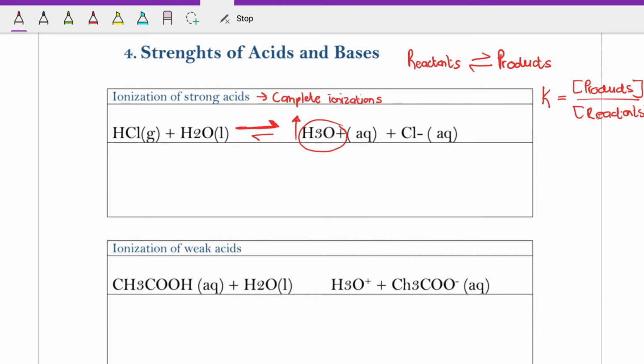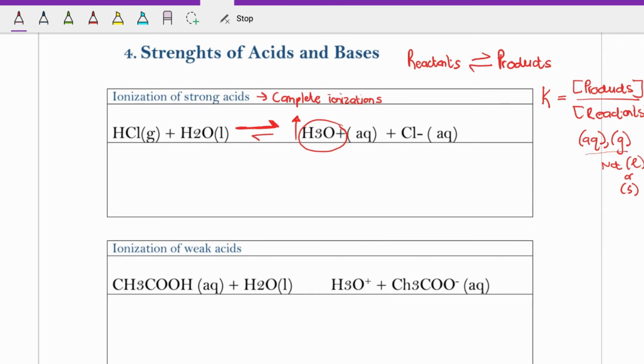And remember, in an equilibrium constant equation, you're only allowed to write in certain states. So, for example, ions or molecules that are in aqueous state, or that are in gas state. Okay, we never write down anything that is liquid or solid. So it's only with those two states.